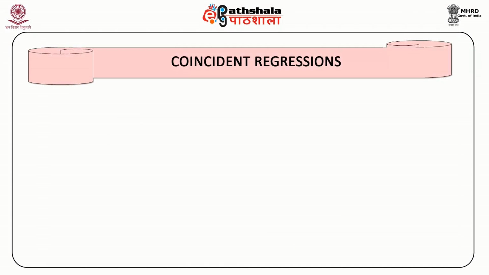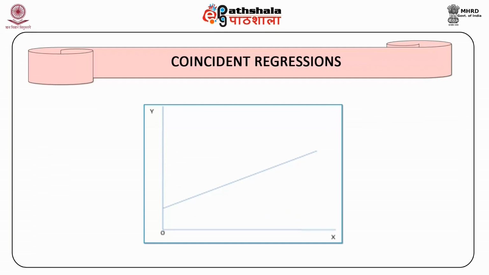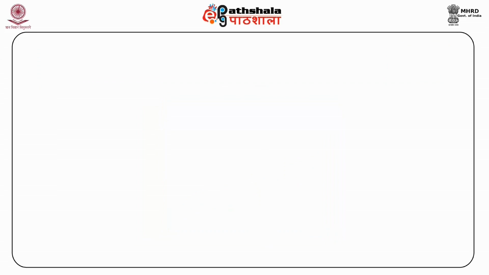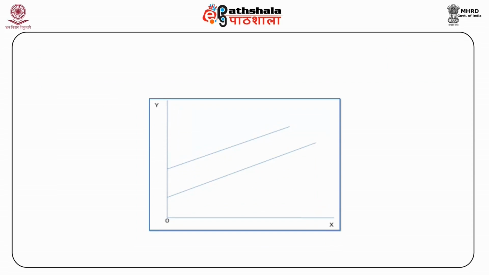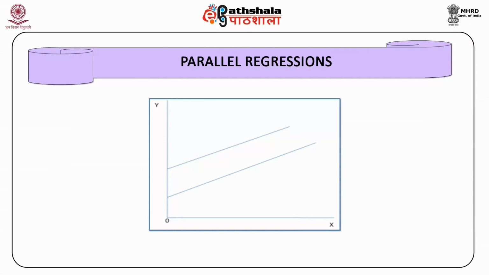We get coincident regression, as the name suggests, when the two regression equations coincide, which means there is no difference in differential intercept coefficient and differential slope coefficient. When the differential intercept coefficient is different for the two regressions, but the differential slope coefficient is the same, then we get parallel regressions.